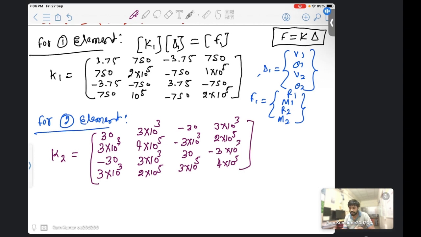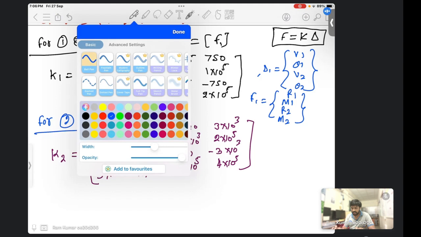So this will be our second stiffness matrix for the second element.